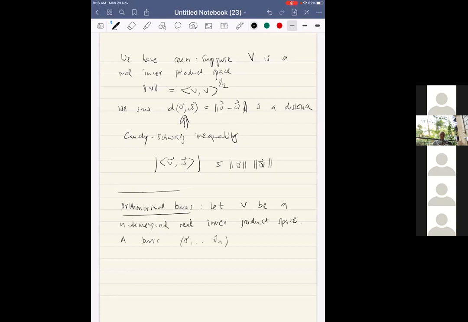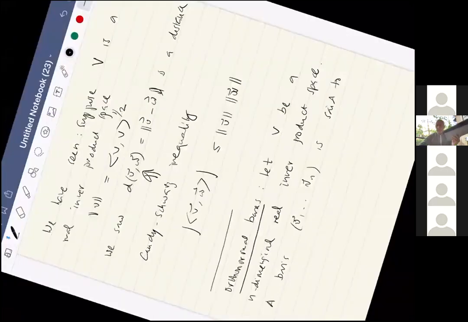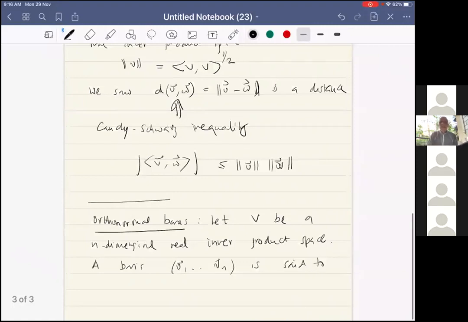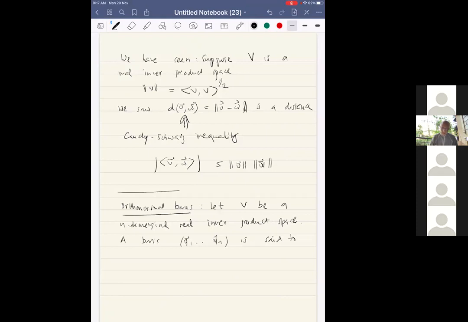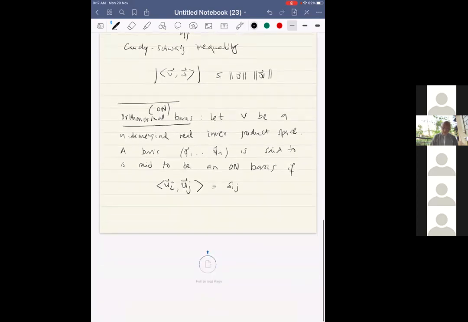A basis V_1 to V_n is said to be, let me try and use the same notation as in the notes, I use U_1 to U_n in the notes, so let me just use that, is said to be an orthonormal basis if the inner product of U_i and U_j is delta_ij. So this is our friend, the Kronecker delta.